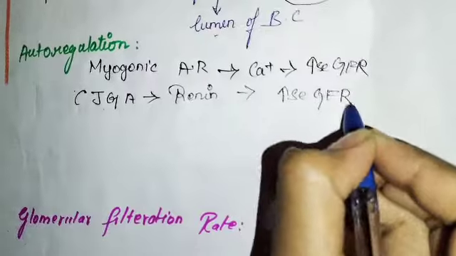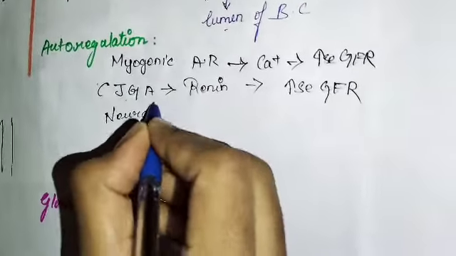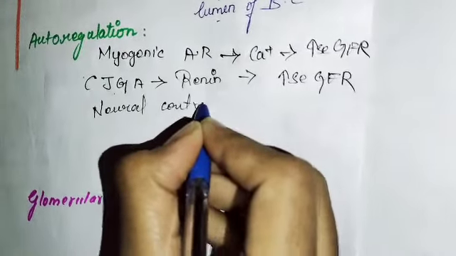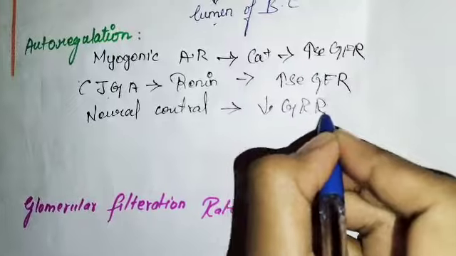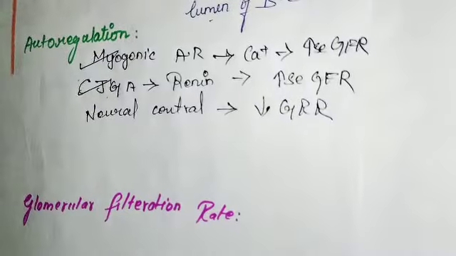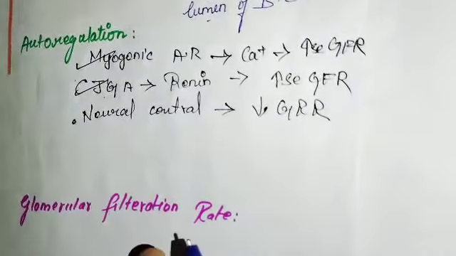And the third one is neural control. From our neural control, this one alone is decreasing the GFR because they dilate the vessels.